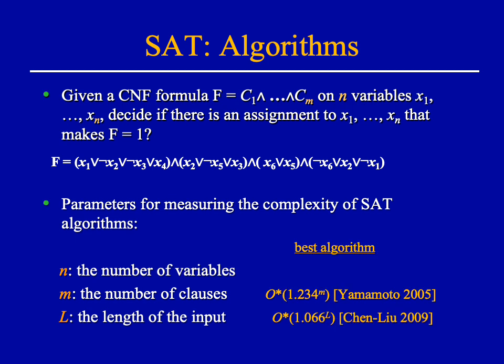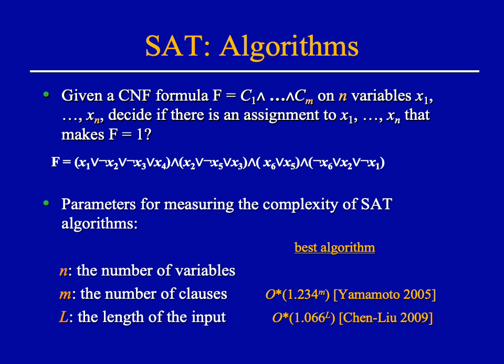For the number of clauses, there's a 1.234 to the m algorithm. The algorithm was developed about 15 years ago. There's also a 1.066 to the L algorithm, which was developed by my former PhD student, Liu, and myself.